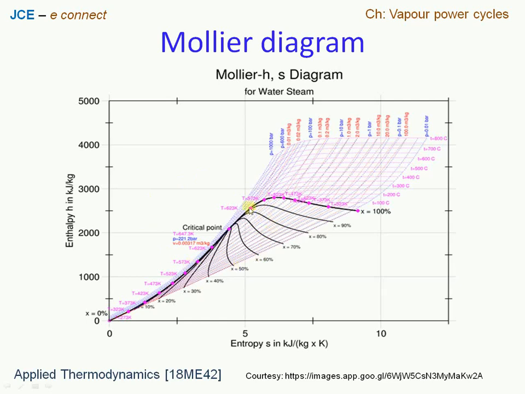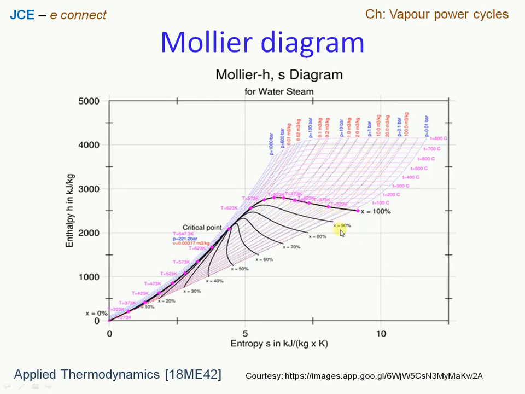Whatever plot we are seeing is applicable for water, that is for steam. Therefore the critical properties for water are put up here, and we see that the pink dots follow the saturated vapor curve also.